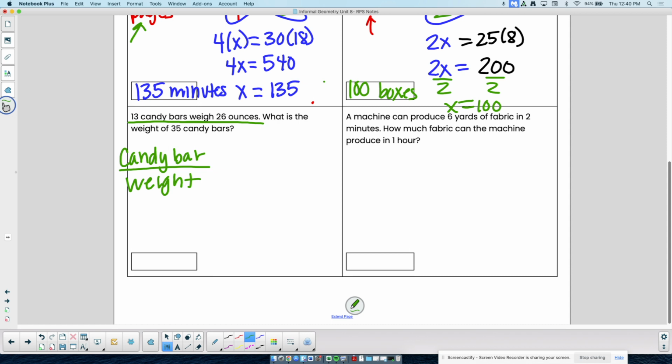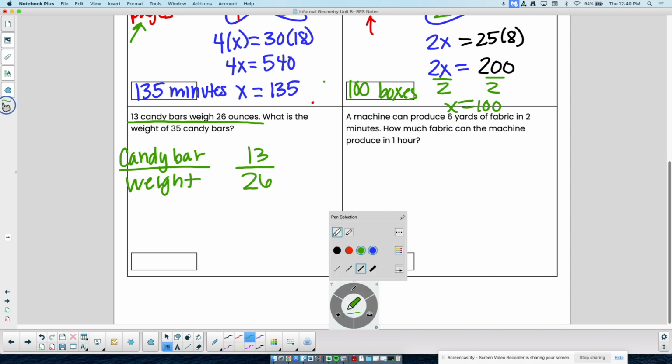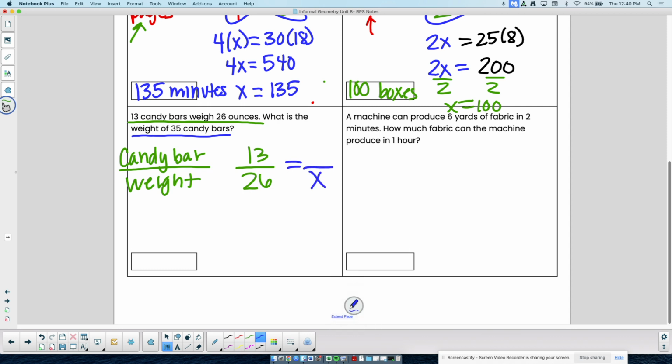Okay, so how many candy bars do we have in the first situation? Well, there's 13. They weigh 26 ounces. Now come to the second part. What is the weight of 35 candy bars? So we're looking for the weight, and we have 35 of them.